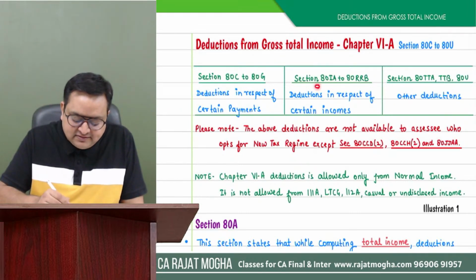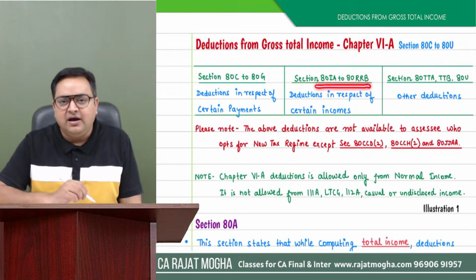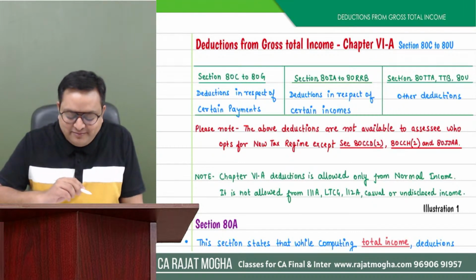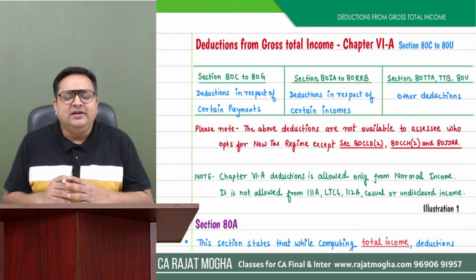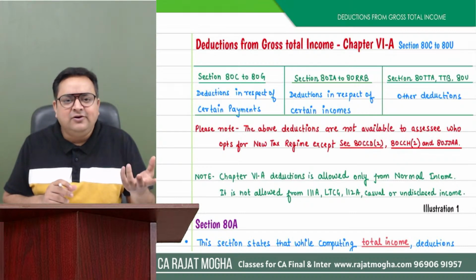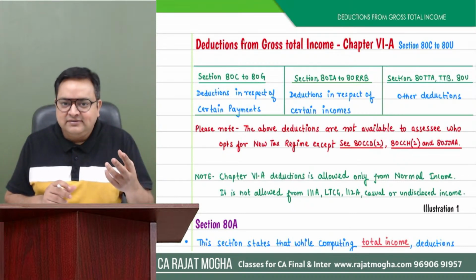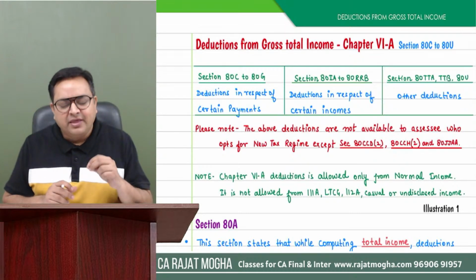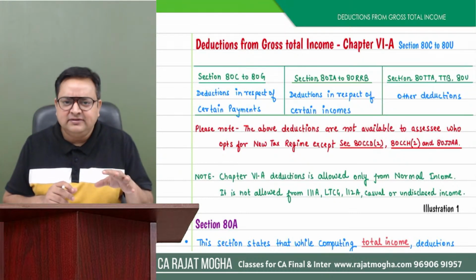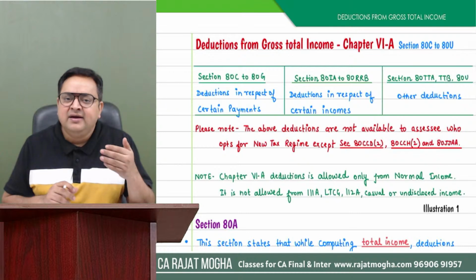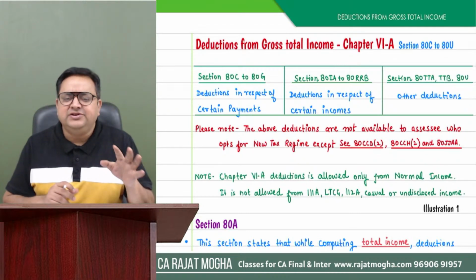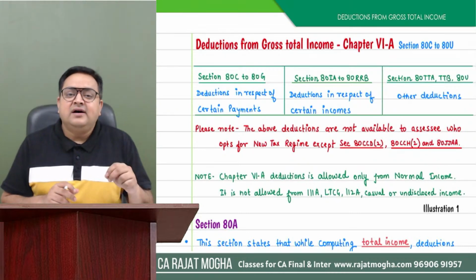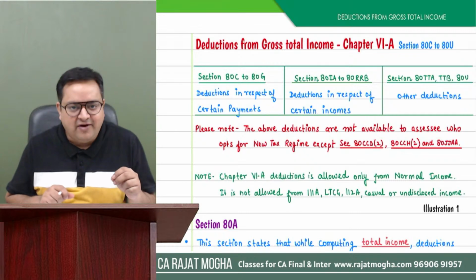Whereas for these sections, 80IA to 80RRB, you will tell me, sir, we haven't heard anything about 80IA, IB, IC and all. Actually, these are sections in this chapter 80C to 80U, but they are not in our syllabus. We will deal mostly with the 80I series, 80P, 80J, etc. These are covered in our CA Final level.